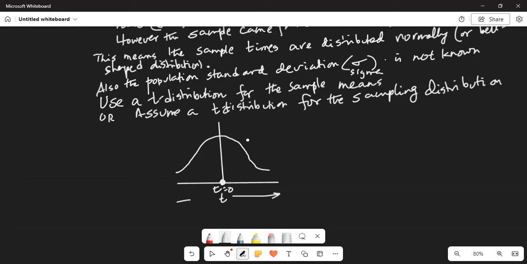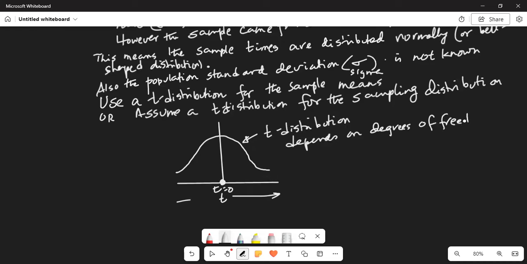The t distribution depends on degrees of freedom. Degrees of freedom, df, is n minus 1.